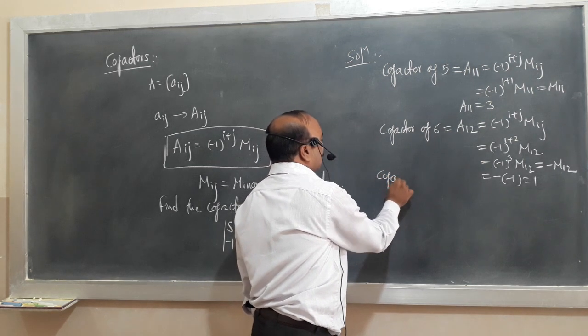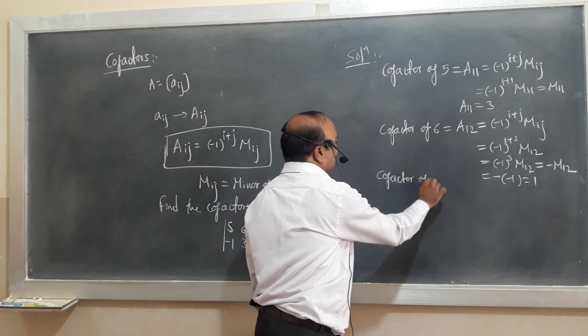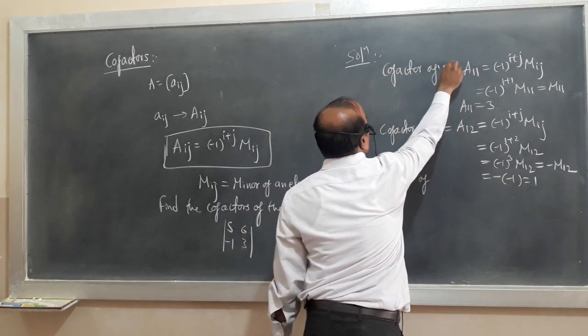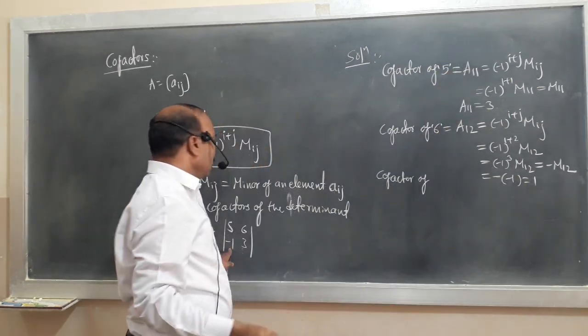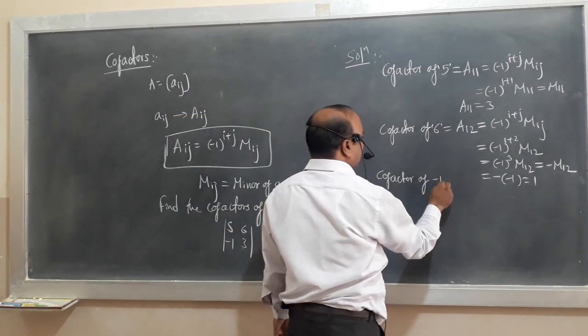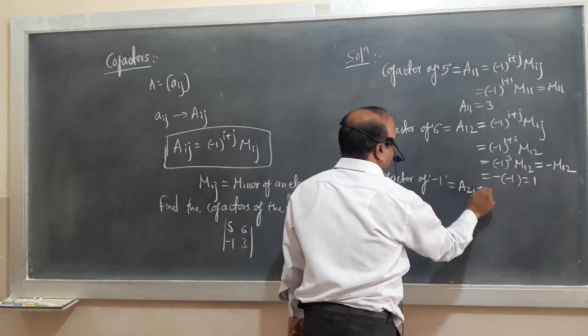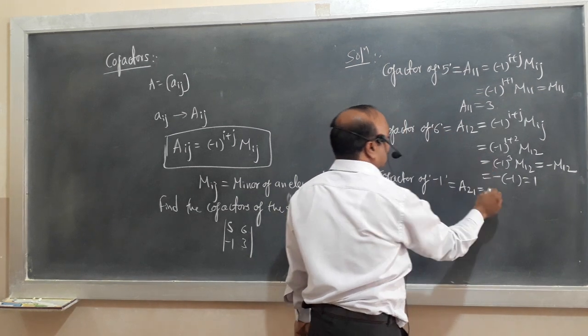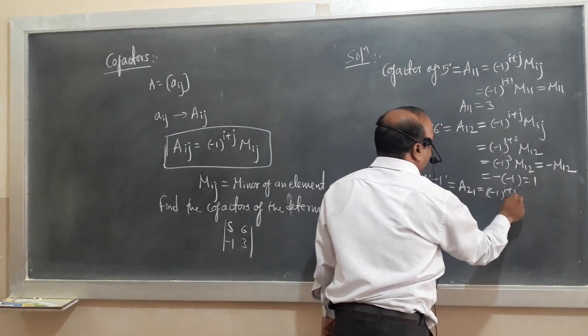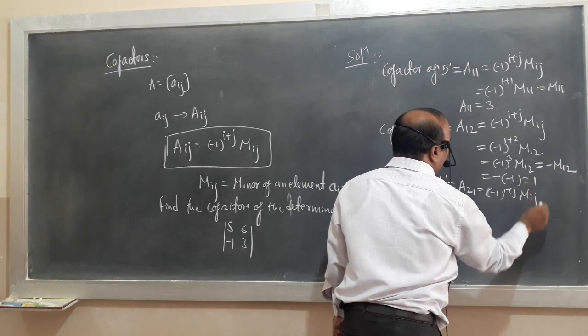Next we go for the cofactor of the third element, which is minus 1. It is A21. The formula is minus 1 power i plus j into Mij.